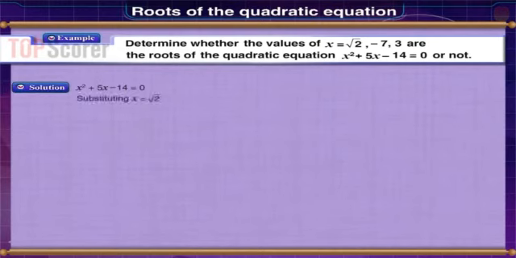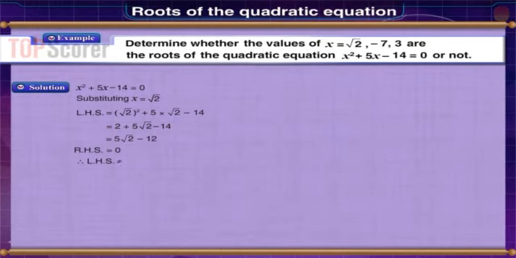Substituting x is root 2 in the left-hand side of the equation, we get left-hand side is root 2 the whole square plus 5 into root 2 minus 14, which is 5 root 2 minus 12. This is not equal to the right-hand side. Therefore, left-hand side is not equal to right-hand side. Thus, for x is root 2, the equation is not satisfied. Therefore, root 2 is not the root of the given quadratic equation.